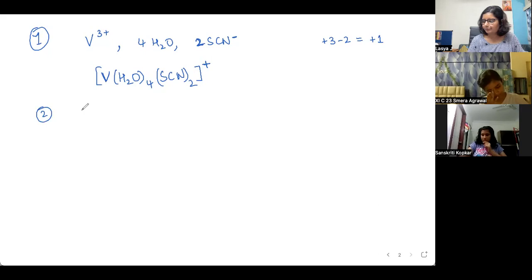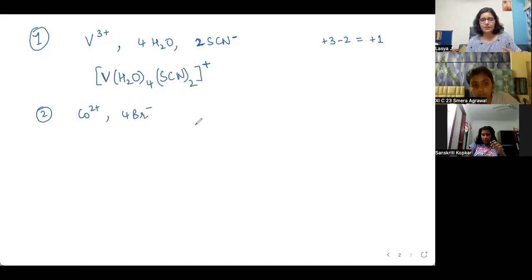Next one: Co2+ and 4 Br minus. So type it in chat. Subscript, it's okay, you can just put the number there. But otherwise I look at the brackets, the overall charge, and this whole thing.